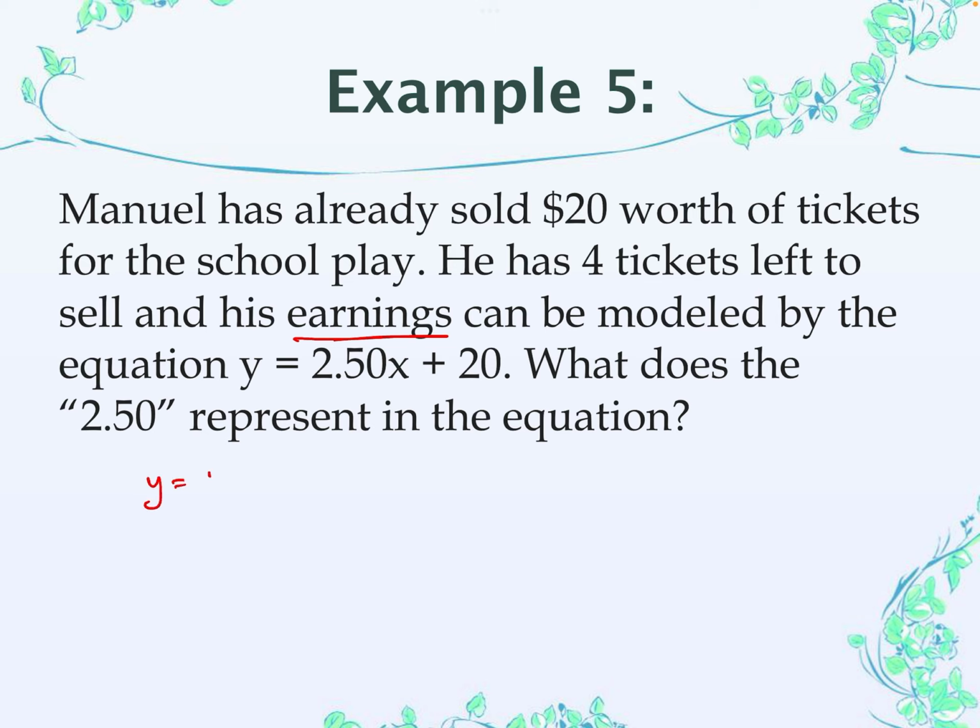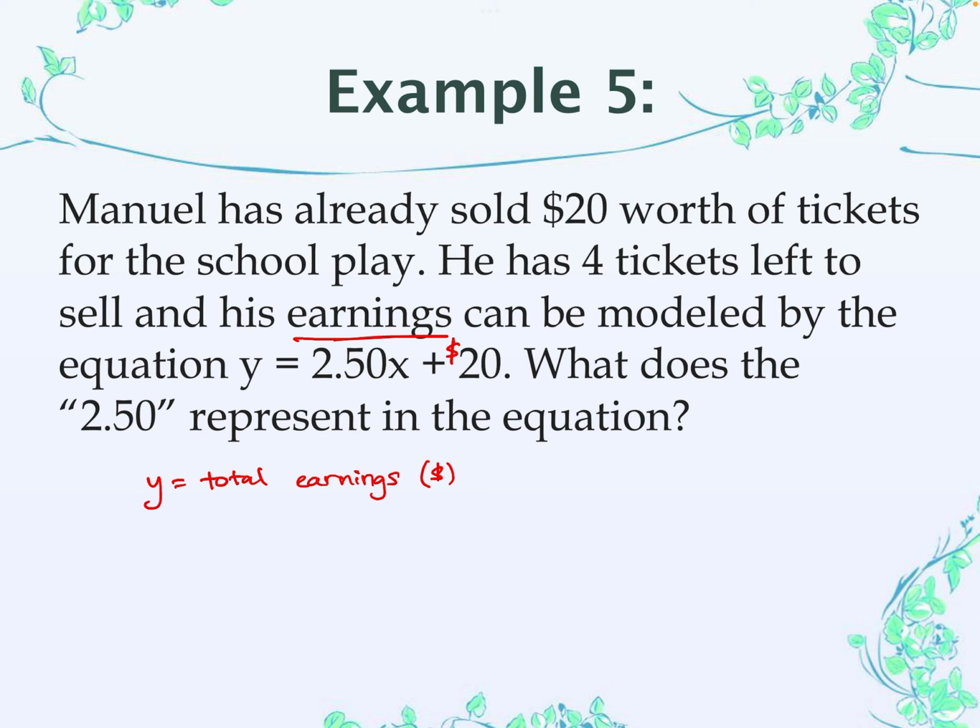So y is Manuel's total earnings. And we always talk about earnings in terms of money. So $20, that's money. So we know that he's already earned $20 from selling $20 worth of tickets.